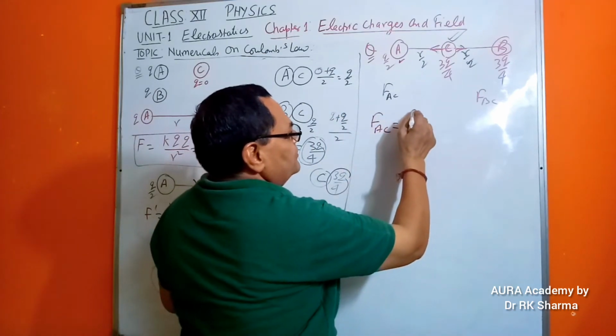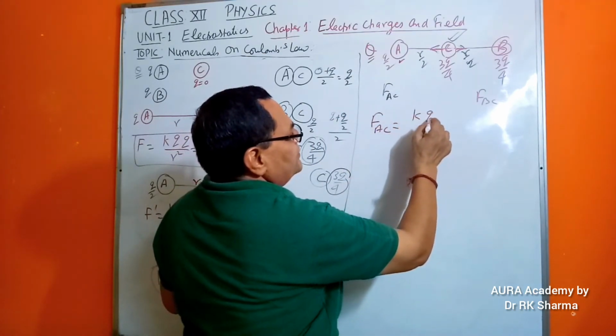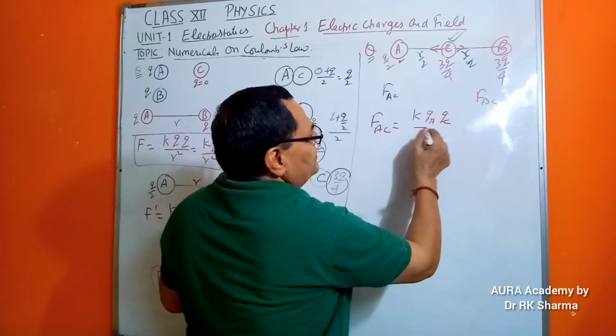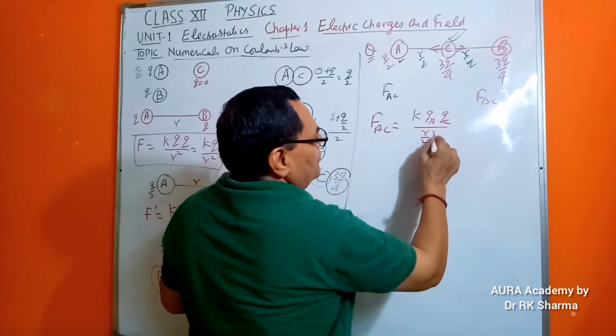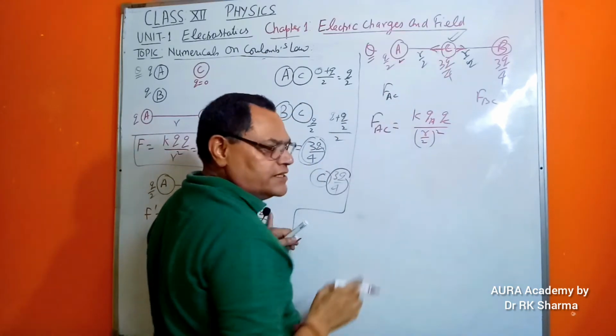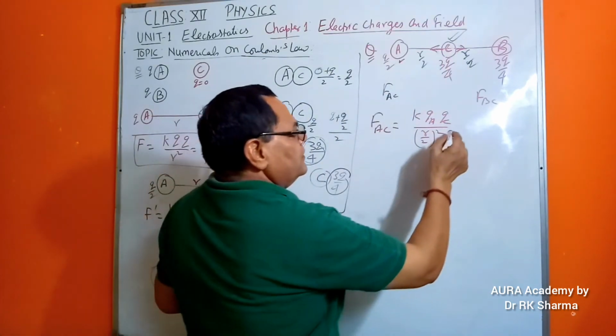So FAC will be equal to K times QA, the charge on A in the new condition, and the charge on C in the new condition, and of course the distance. The distance is now the new distance, you can put it as r dash or simply r by 2, because it is at the midpoint.